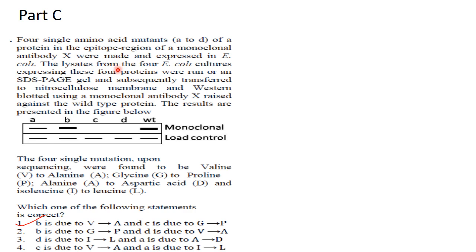The lysates from the 4 E. coli cultures expressing these 4 proteins were run on an SDS-PAGE gel, subsequently transferred to nitrocellulose membrane and Western blotted using monoclonal antibody X raised against the wild type protein. The results are presented in the figure below. And what is this epitope region? It is where your antibody will bind.